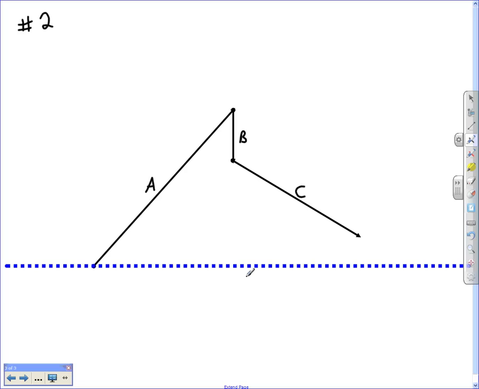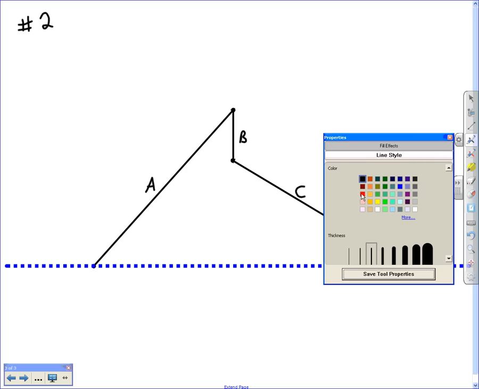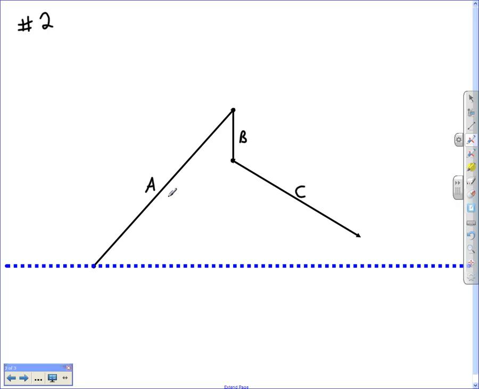First and foremost, I'm going to write times on here because each part of the trip was given a unique time. The time for A was 11 seconds. The time for B was 0.250 seconds. And the time for C was 6 seconds.